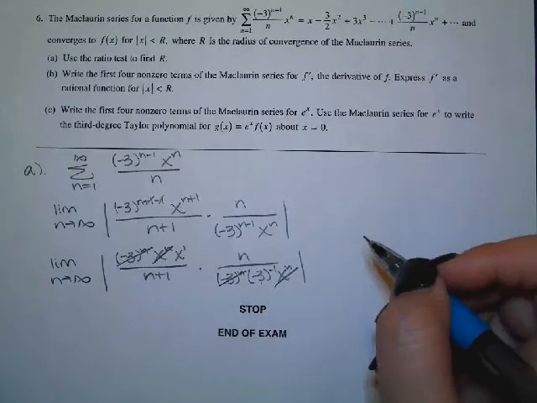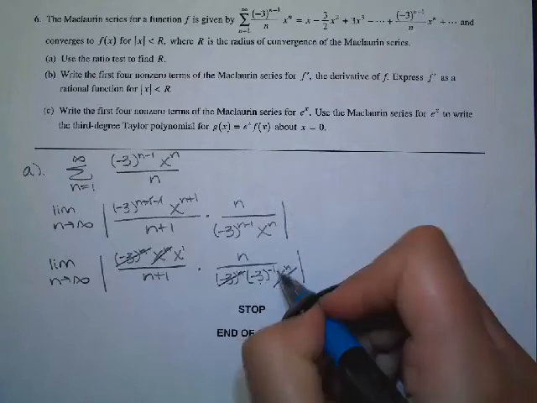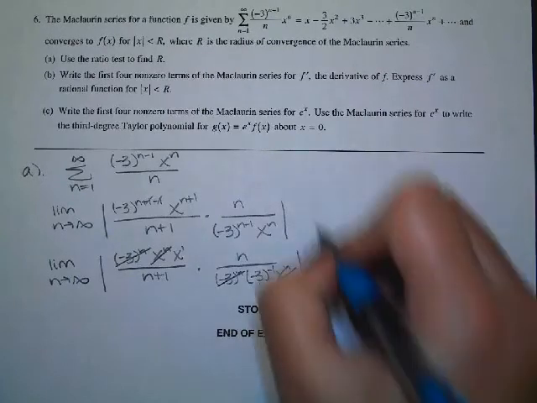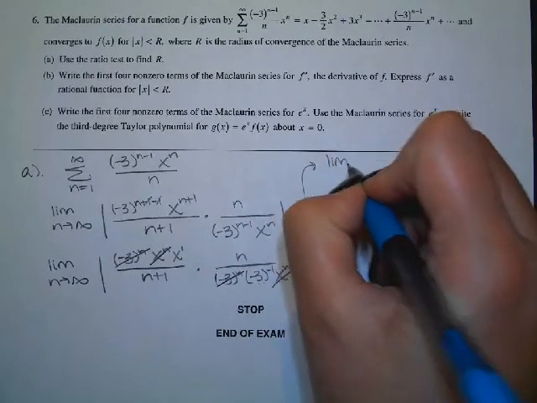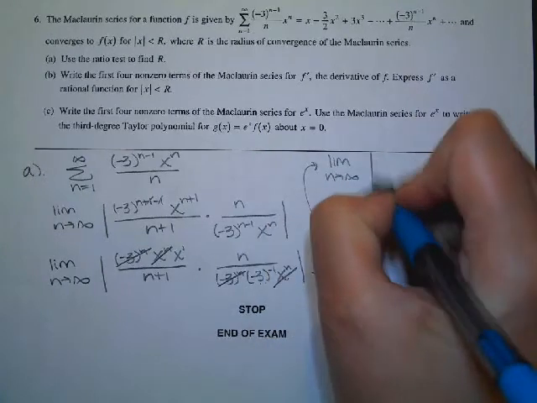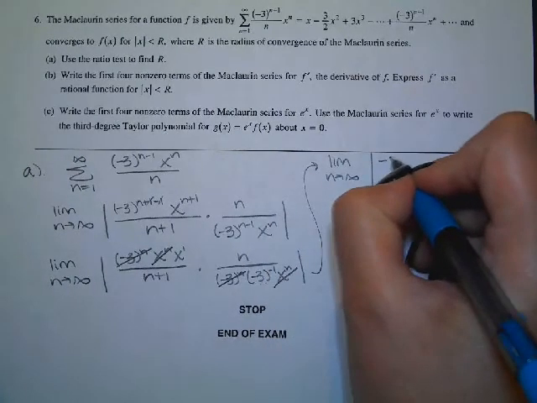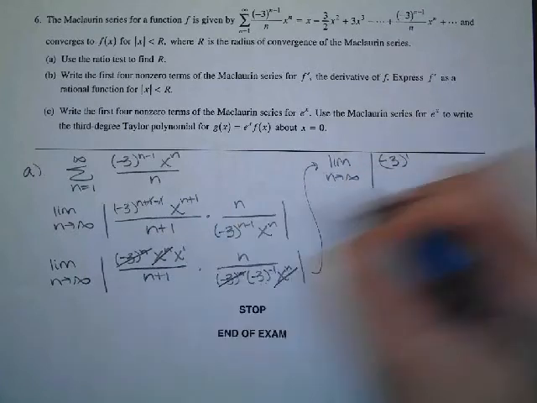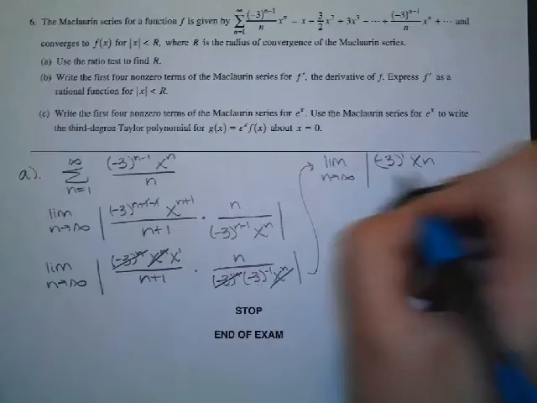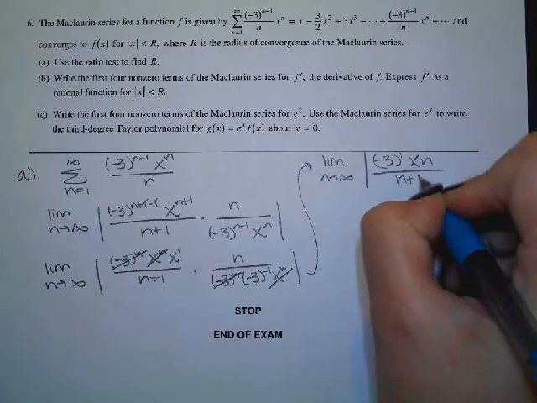(-3) to the exponent of -1, since that's on the bottom, I'm going to move it to the top. So I have the limit as n goes to infinity of -3 to the 1, then I have an x and an n over n plus 1.